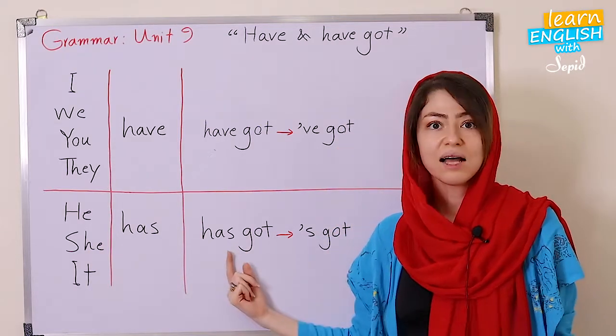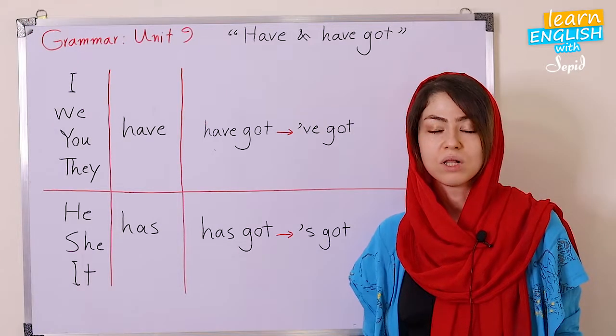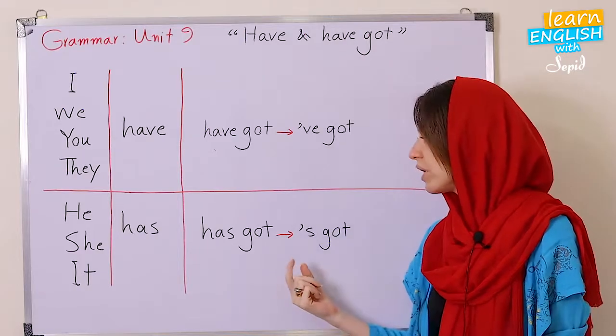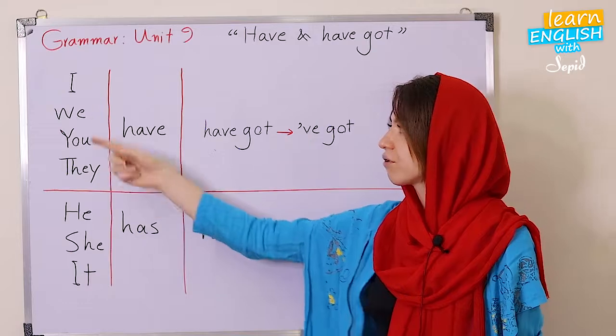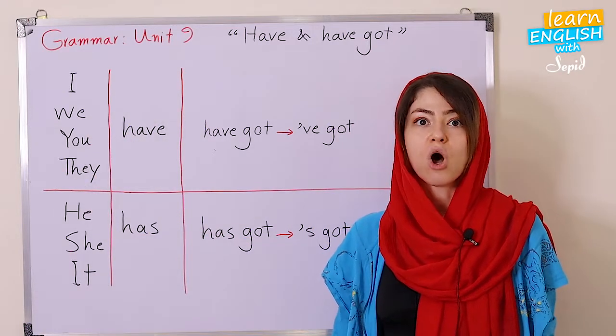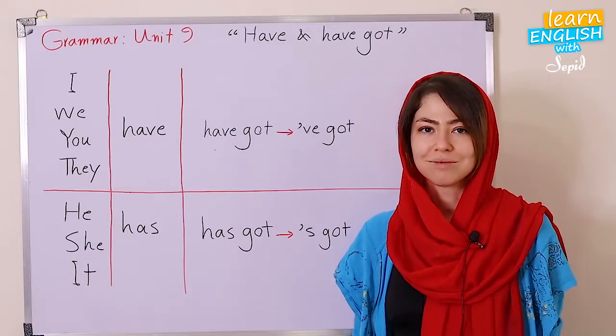It's got beautiful eyes. We're talking about an animal. So we use has got for he, she, it, and have got for I, we, you, they. That's all. So let's go for more points and learn more.